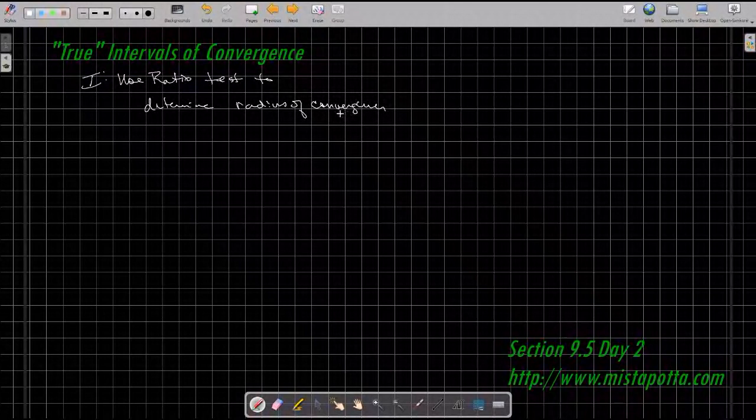And as soon as I determine a radius of convergence, what I find is that x has to be between two values a and b. And our second step is to test the endpoints.